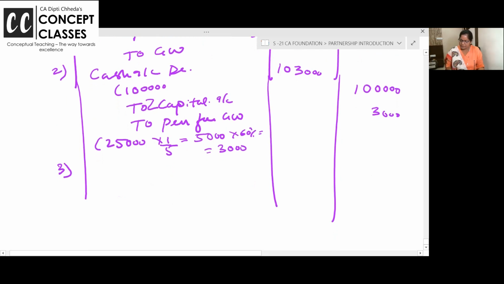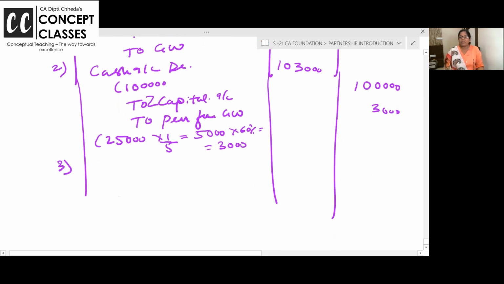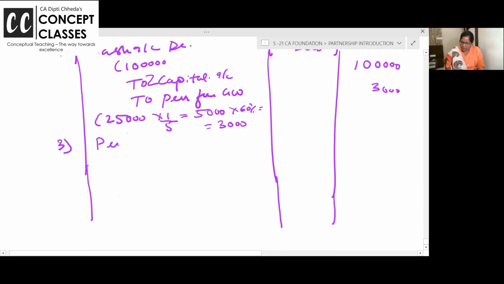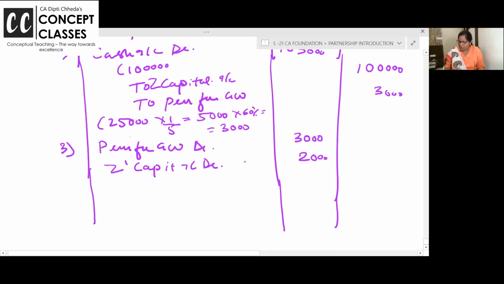Now, third entry. Can we give the Z's share of premium of goodwill to old partners in sacrificing ratio? Now see. Premium for goodwill debit 3,000. Z's capital account debit 2,000. 40%.